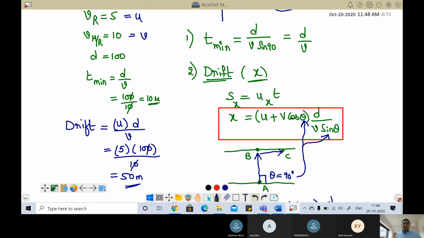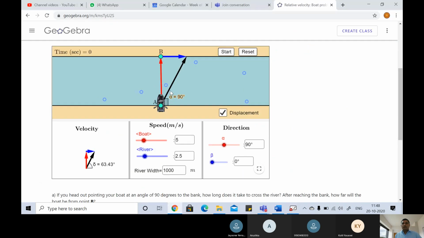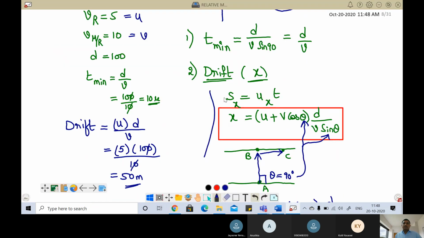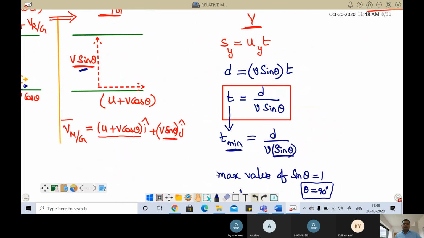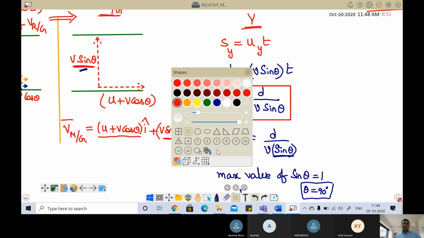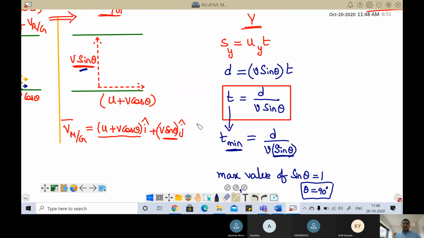Finally, they may also ask in this problem what is the angle made here. They'll ask the angle made by this black vector.